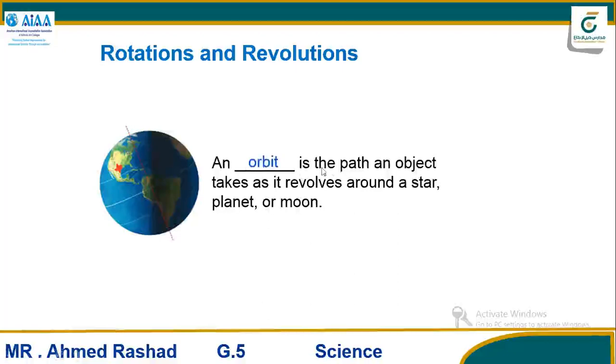An orbit is the path an object takes as it revolves around a star, planet or moon.